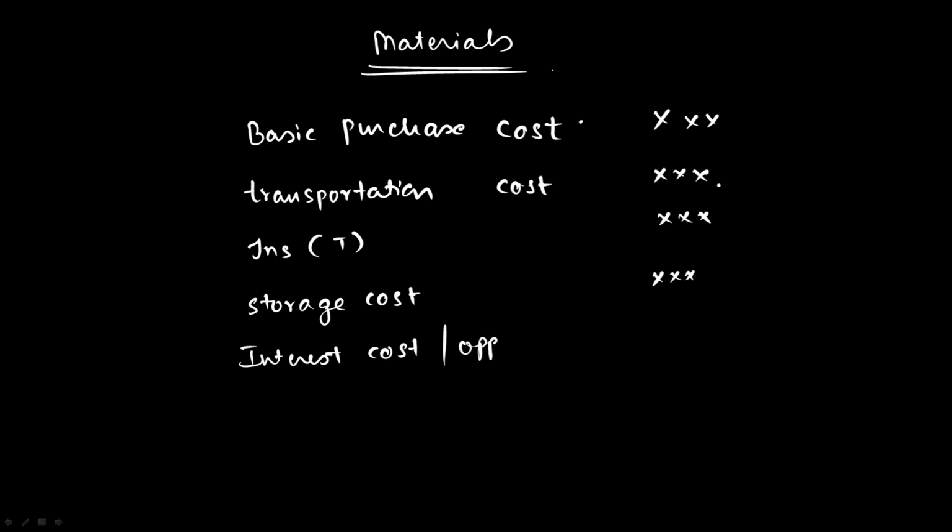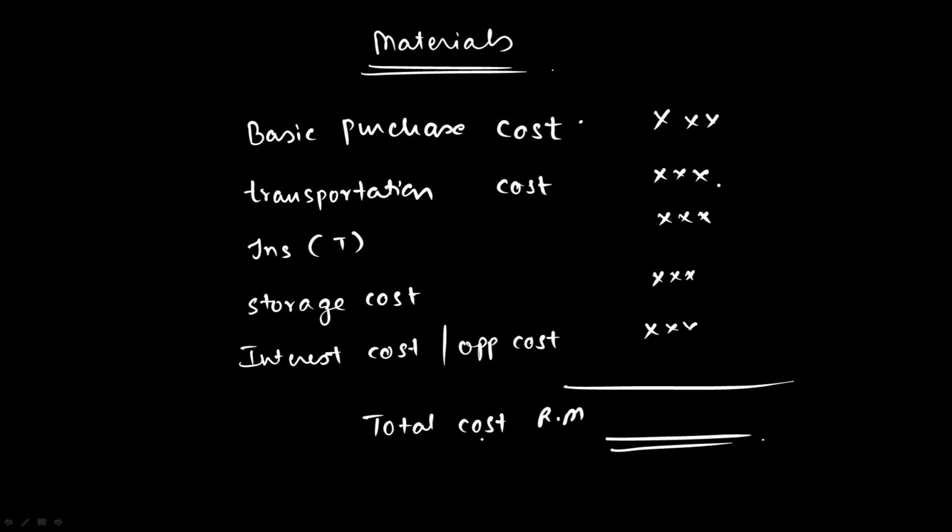And including or excluding some other costs like taxes, sometimes you exclude it, sometimes you include it, you get the total cost of raw materials.